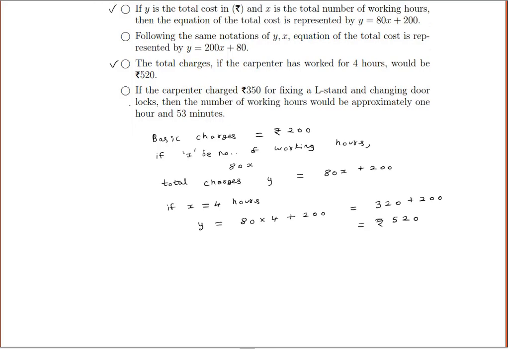Then looking at option D, if the carpenter charged 350 for fixing an L stand and changing door locks, then the number of working hours would be approximately 1 hour and 53 minutes.